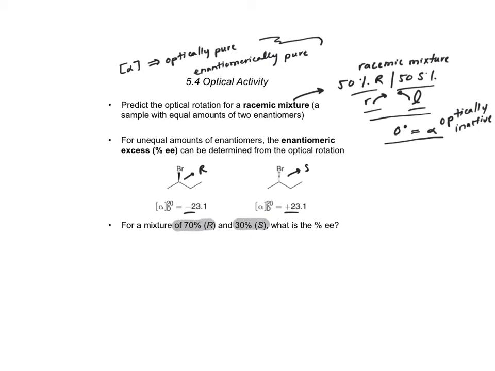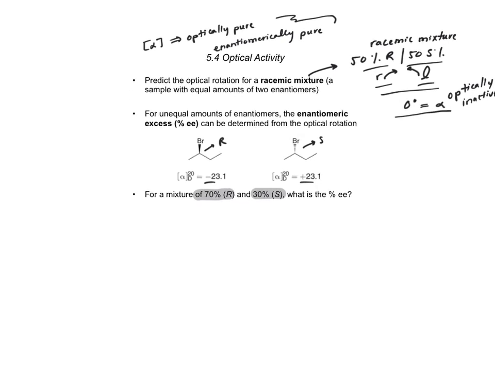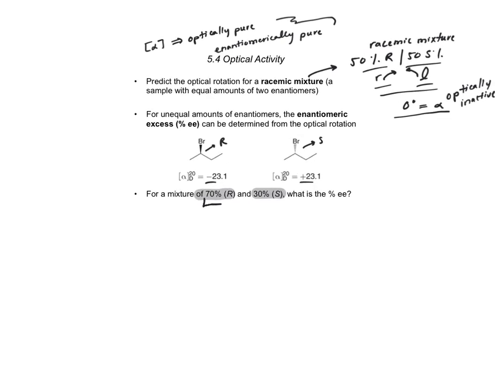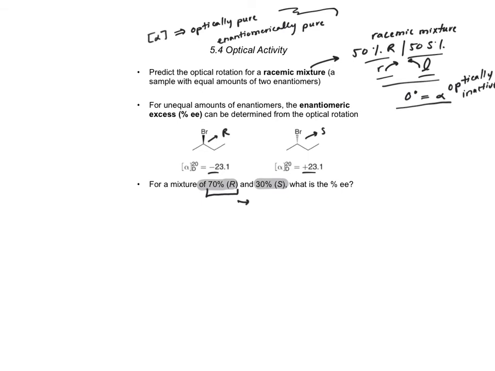Now, this is not racemic, so there is going to be optical activity, because the amounts are not equal. From our observed rotation, we have the R enantiomer in what is called enantiomeric excess. 70% is the R enantiomer, 30% is the S enantiomer. The R enantiomer is in excess.